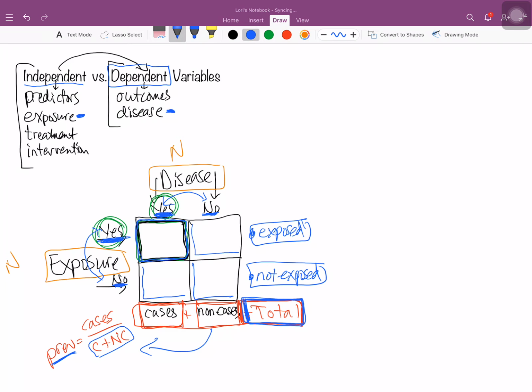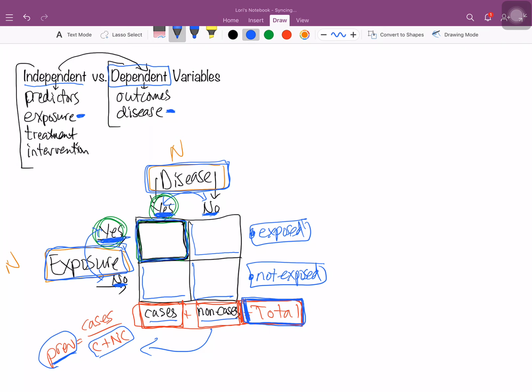And if we've somehow manipulated the relationship between cases and non-cases, then that is no longer a good way to measure the prevalence. So that is the relationship between independent variable, here's our exposure, and dependent variable, or exposure and disease.